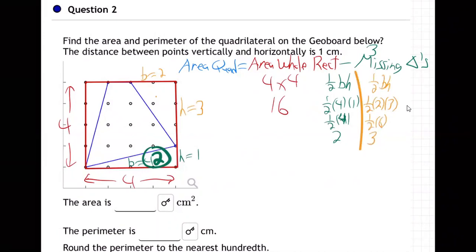So therefore, this is 3 squares, and we can see that because if we were to draw in the actual shape, we can see, look at that. There's 6 squares there, and this triangle cuts it in half exactly. So it's half of 6 squares. It's 3 squares, of course. There's exactly 3 squares in there.